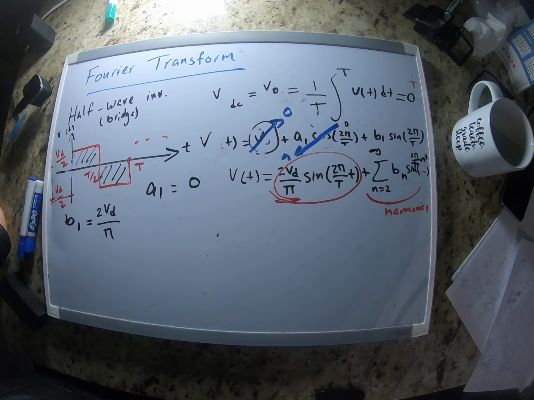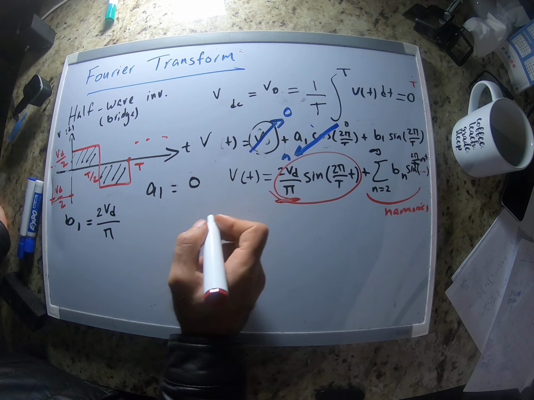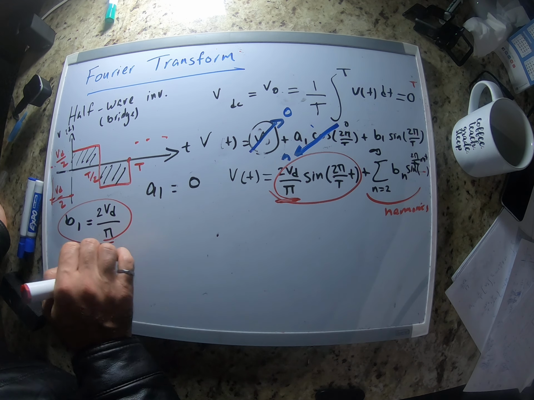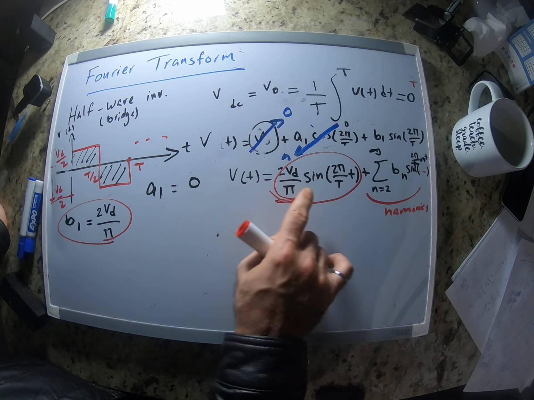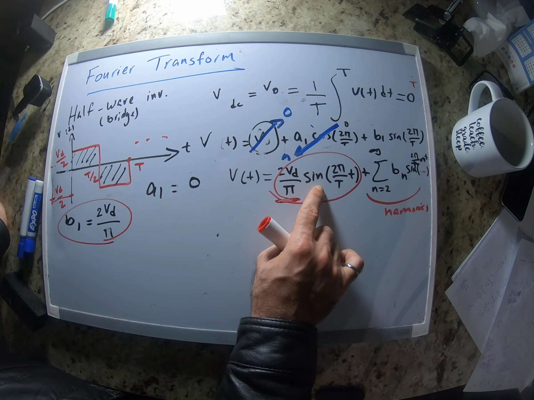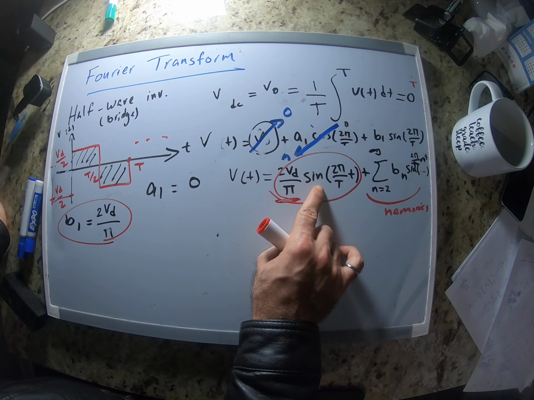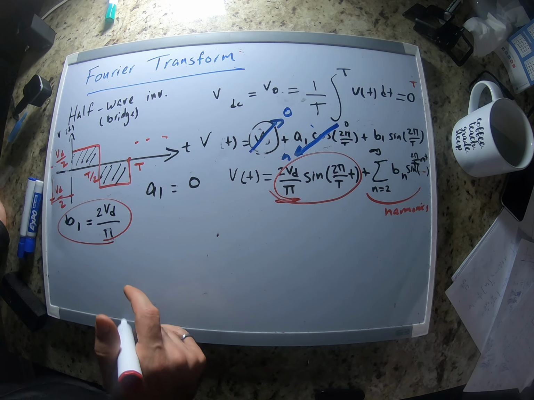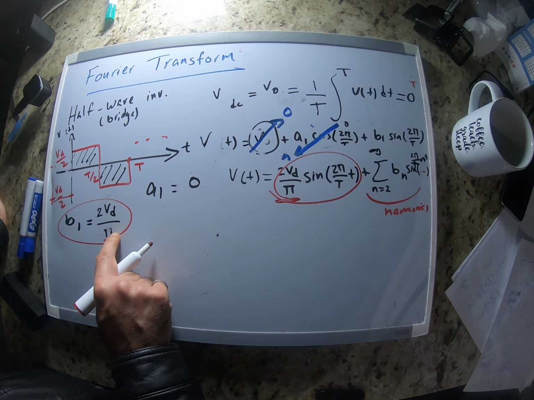So our B1, which is here, this basically tells us the coefficient for the peak value of the fundamental frequency, which is definitely smaller than this one. But this is the peak value.